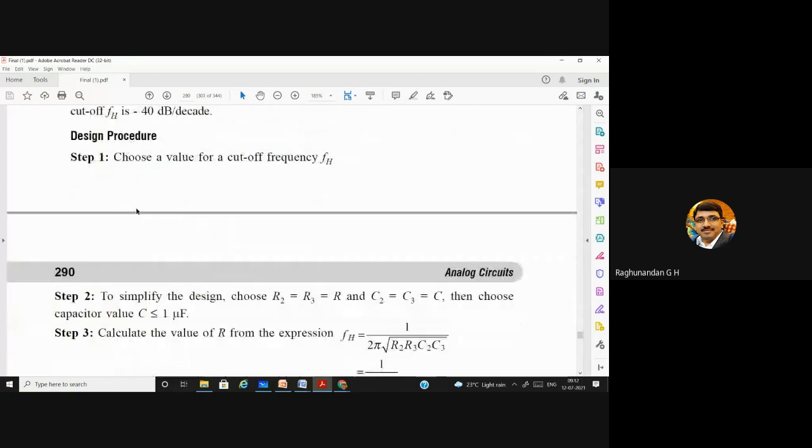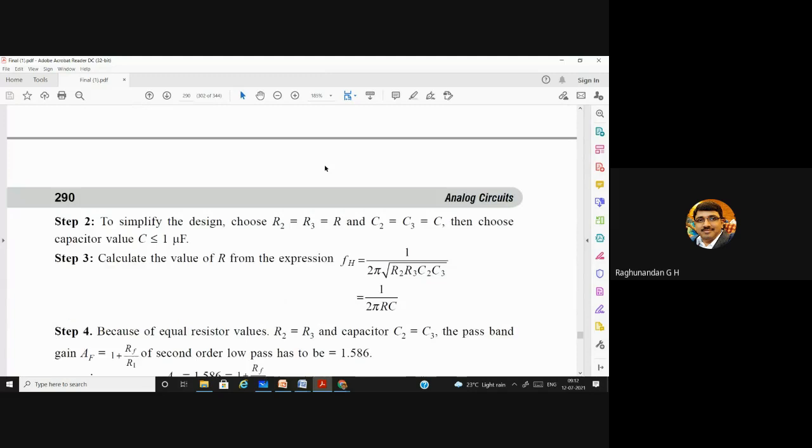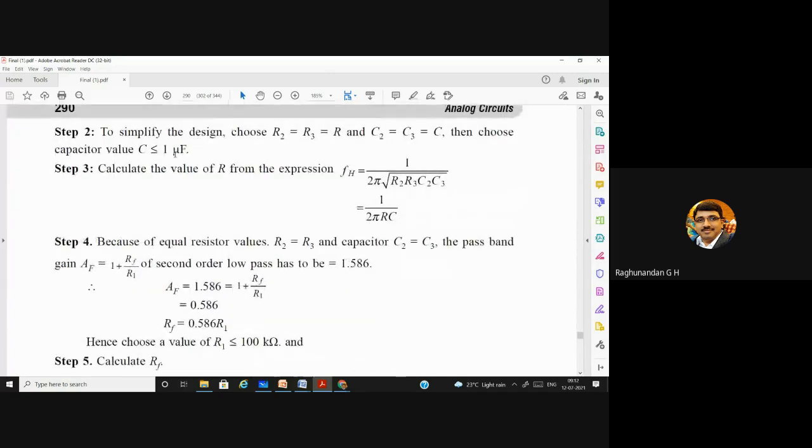So again, coming to the design procedure, we need to choose the value for the cutoff frequency that will be given in the problem itself. To what frequency you need to design the circuit, that will be given. That is the first step. After that, we have to simplify the design.